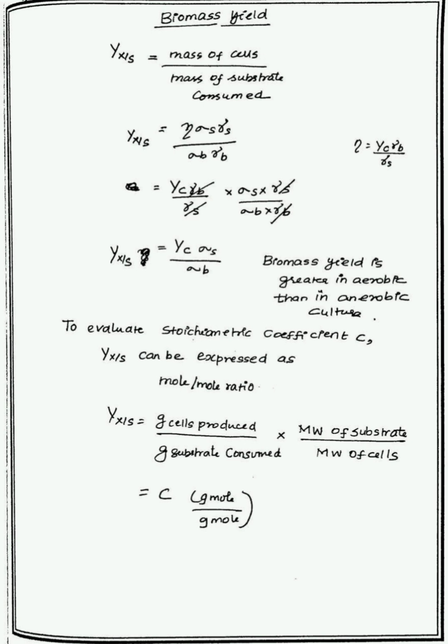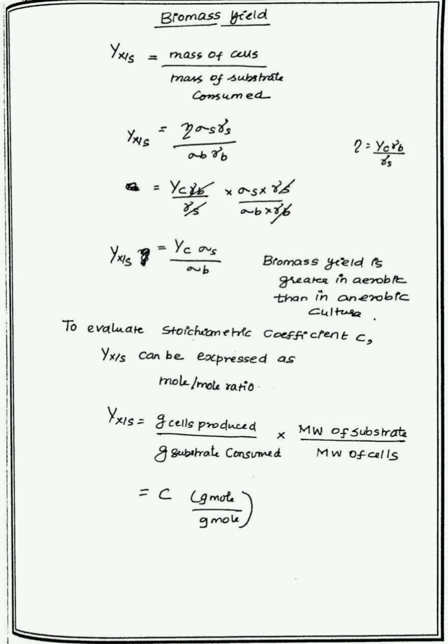Normally, you know the biomass formula is CH1.8 O0.5 N0.2. In that case, you can take your biomass value gamma B as 4.2. Please note it down: CH1.8, O0.5, N0.2, the generalized biomass composition.